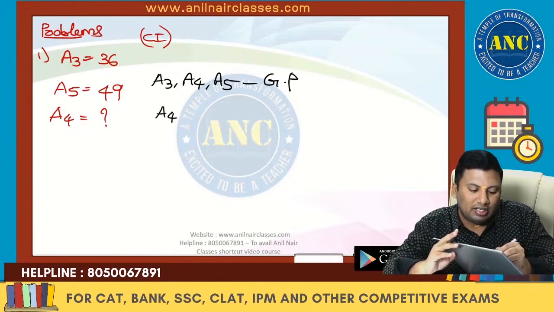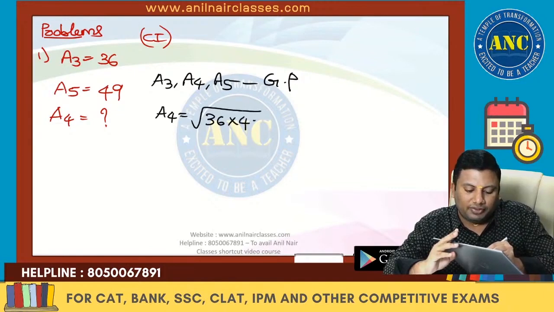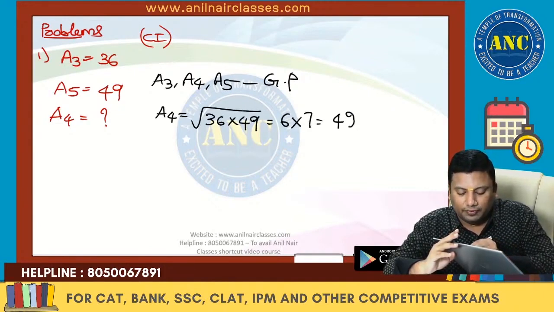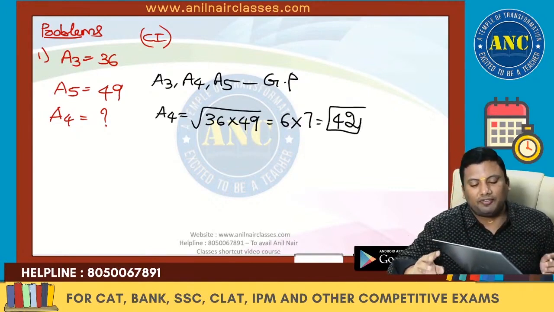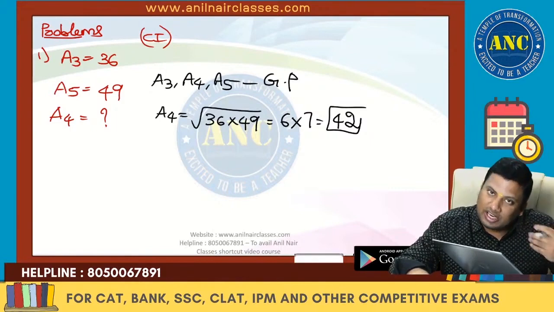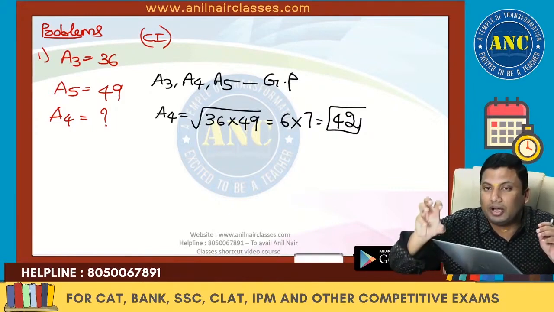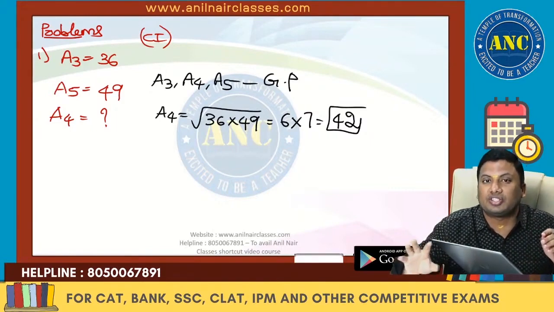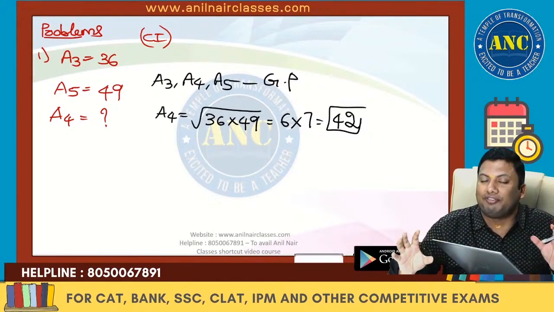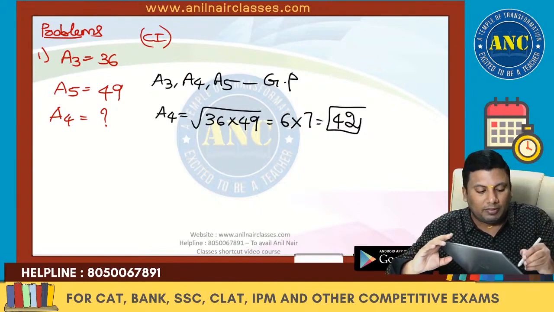So A4 is nothing but the root of A3 times A5, root of 36 into 49. 6 sevens are 42. Amount after 4 years is 42. We will still discuss in detail, because I told you that CI uses the GP method. I am just giving an introductory understanding of why CI uses the GP method.